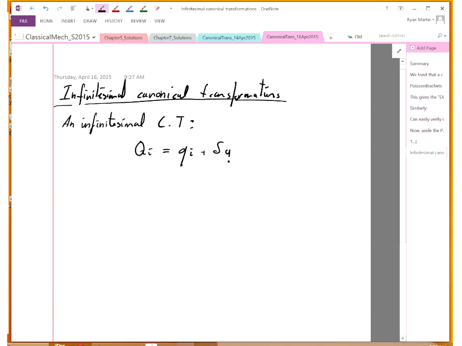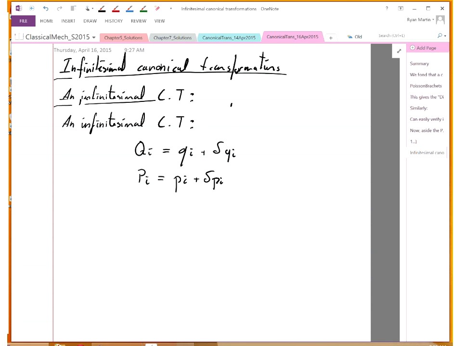I could have the capital Q_i equal to the lowercase q_i plus just a little bit. And then I can say the capital P_i could be equal to the original p_i plus just a small change, which I'll call delta q_i and delta p_i, respectively.